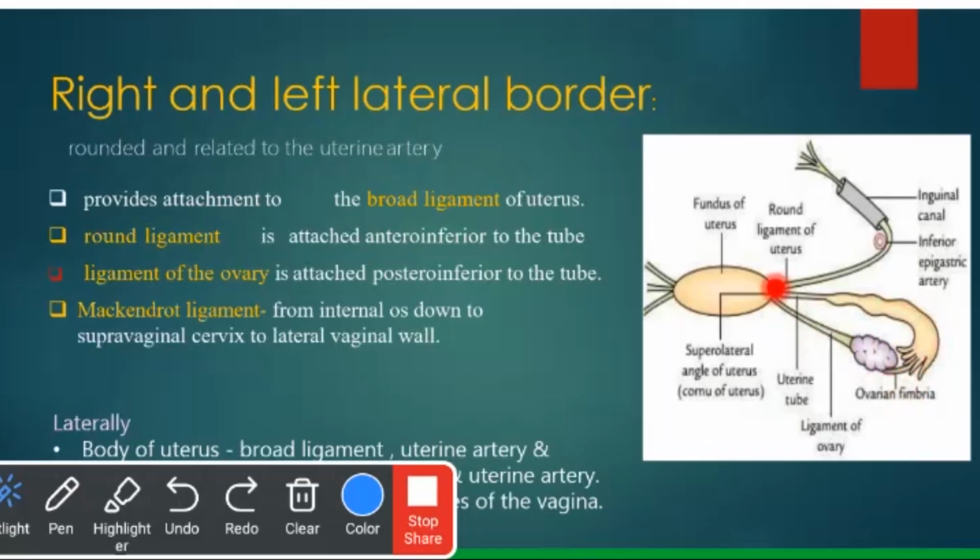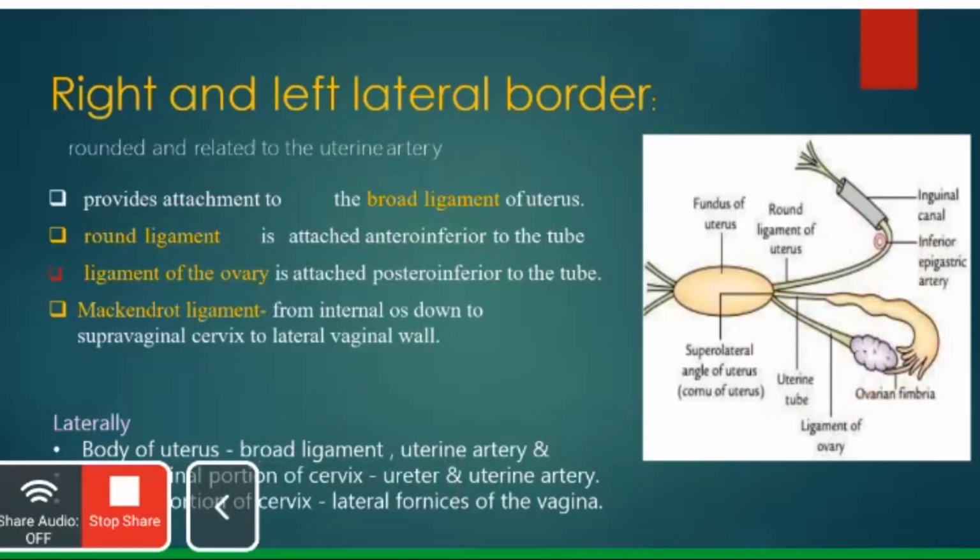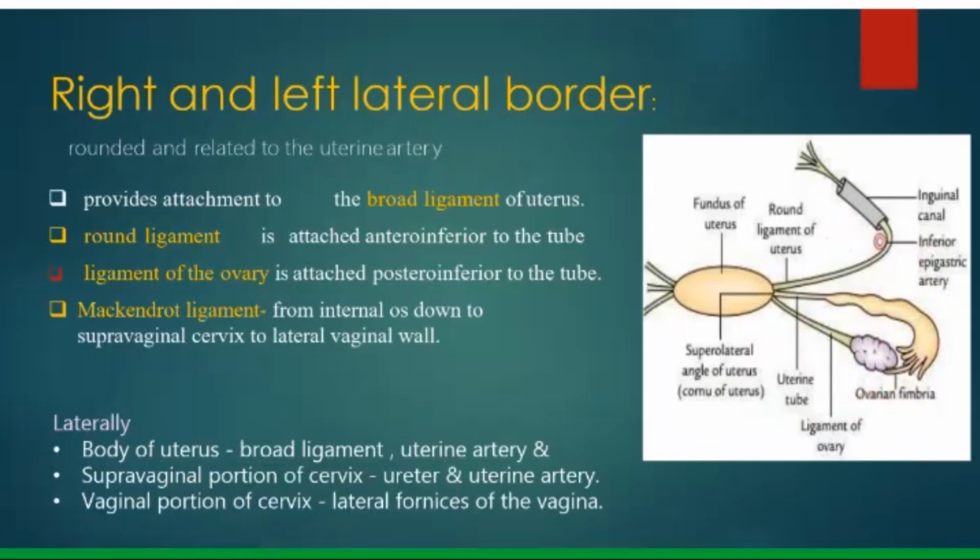Laterally, the round ligament of the uterus passes through the inguinal canal, lateral to the inferior epigastric artery, along with the ligaments of the ovary. These are the lateral structures of the uterus, and these are regarding the body.